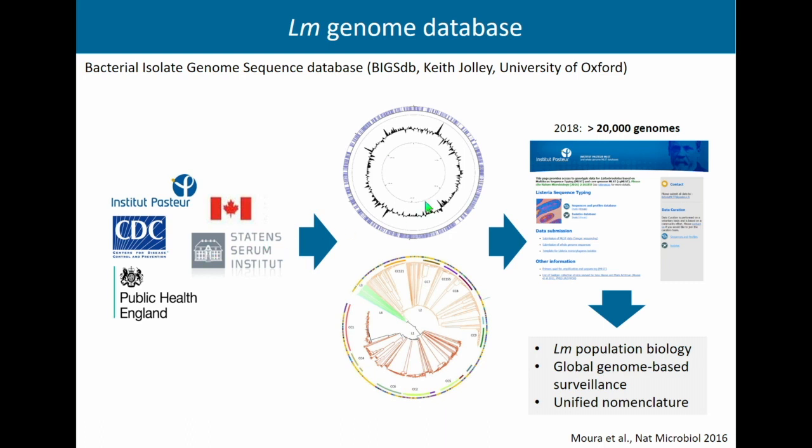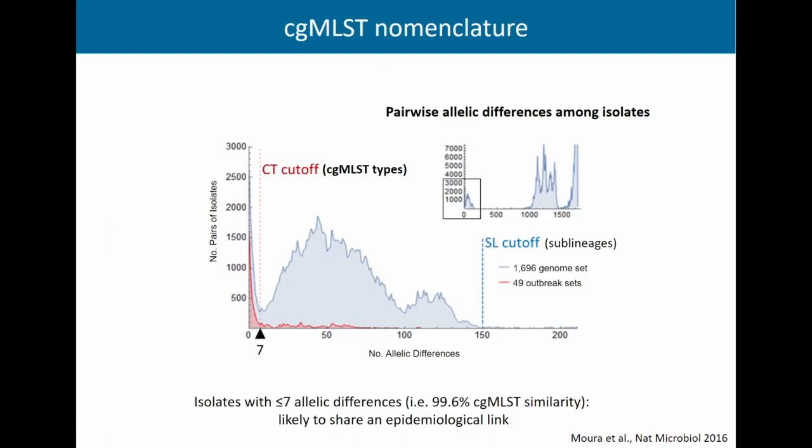We now have in our database more than 20,000 genomes. This allows us to study Listeria monocytogenes population biology, which is important to understand the virulence of the pathogen, as I told you. We have a tool for global genome-based surveillance and a possibility to develop a unified nomenclature.